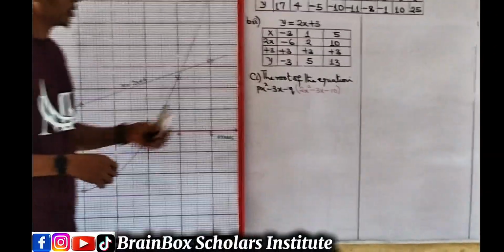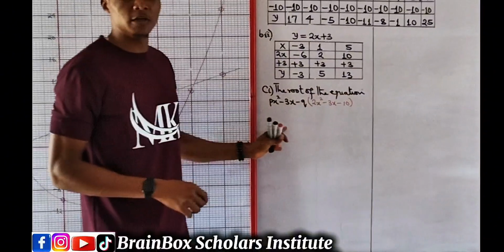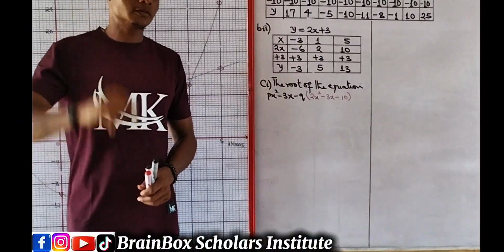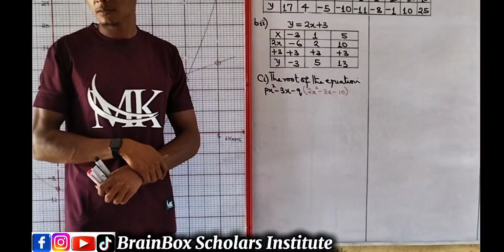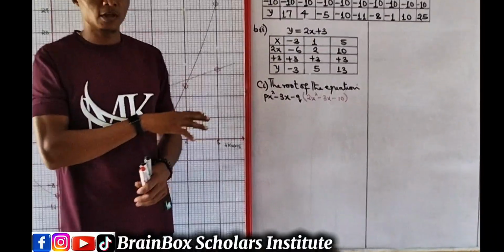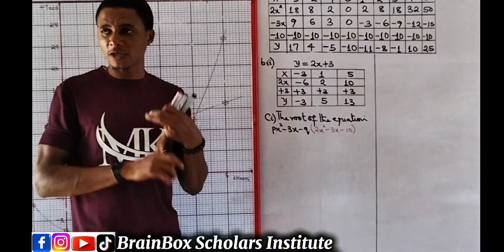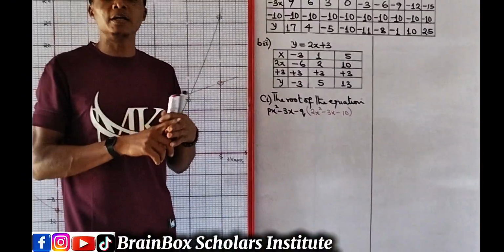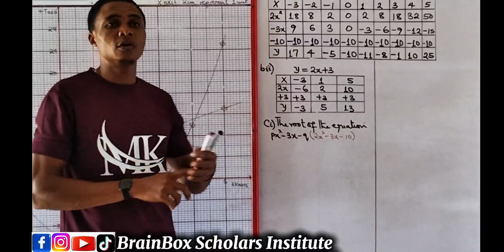Now, the root of the equation simply means where the curve cuts the x-axis. Remember, when I was teaching quadratic equations, I treated the factorization method, completing the square, use of the quadratic formula and graphical solution.